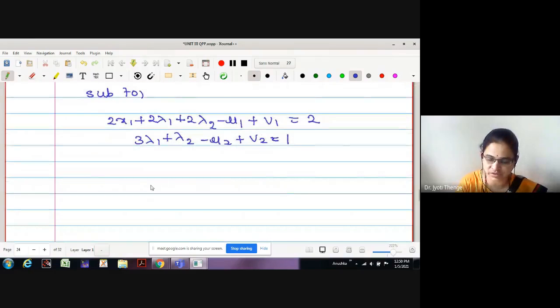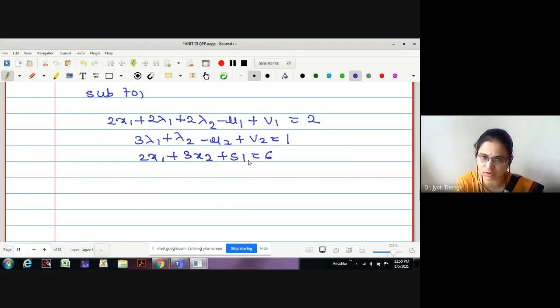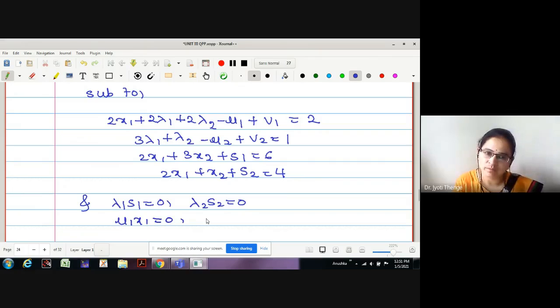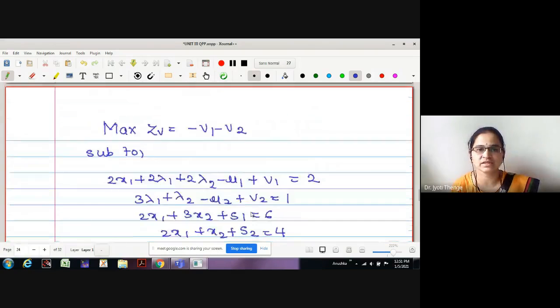And what for the remaining constraints? Original 2x1 plus 3x2 plus s1 equal to 6, 2x1 plus x2 plus s2 equal to 4, and these are 4 linear constraints. And what are non-linear? Lambda 1 s1 equal to 0, lambda 2 s2 equal to 0, mu 1 x1 equal to 0, mu 2 x2 equal to 0. And no doubt all the variables are non-negative as written previously.